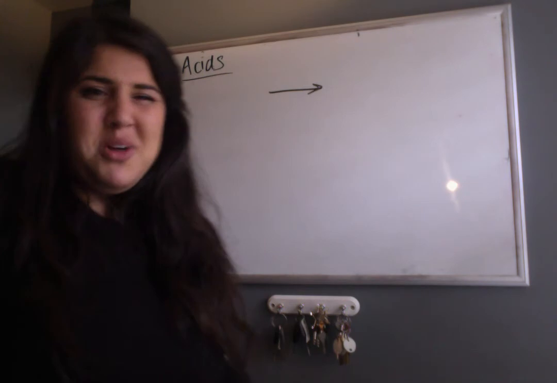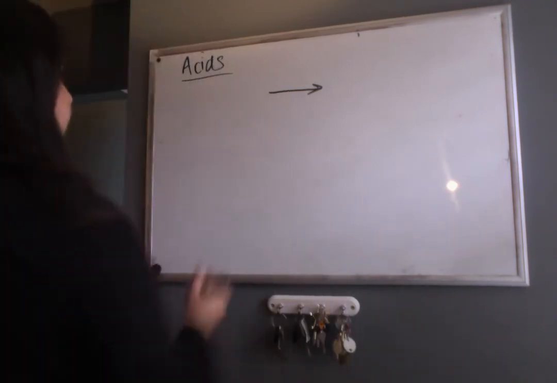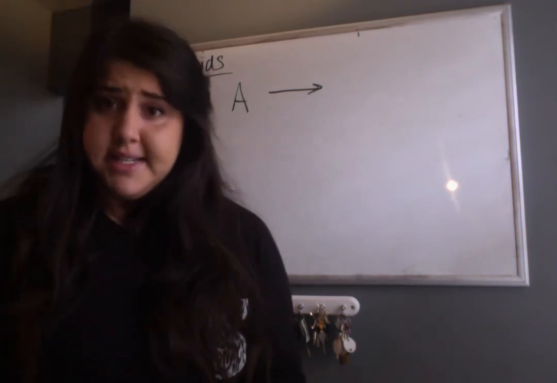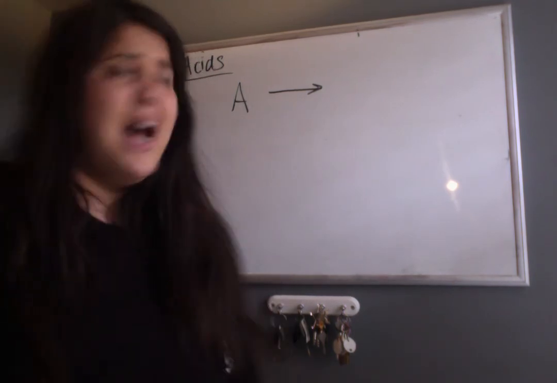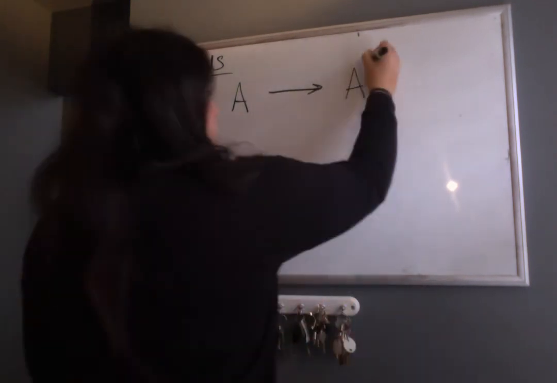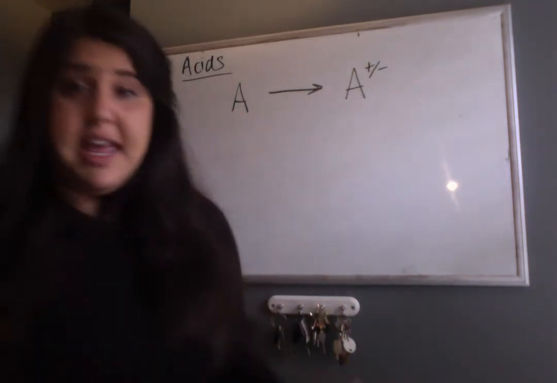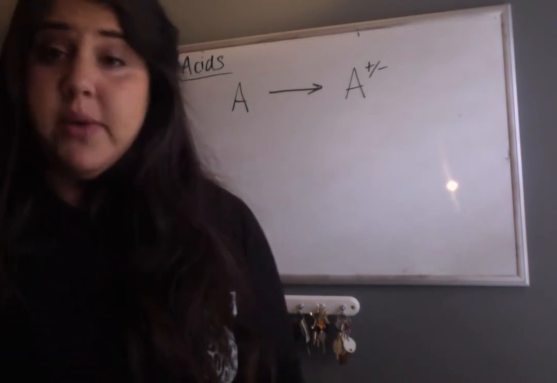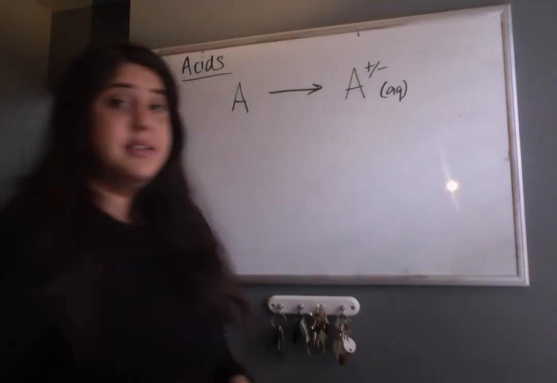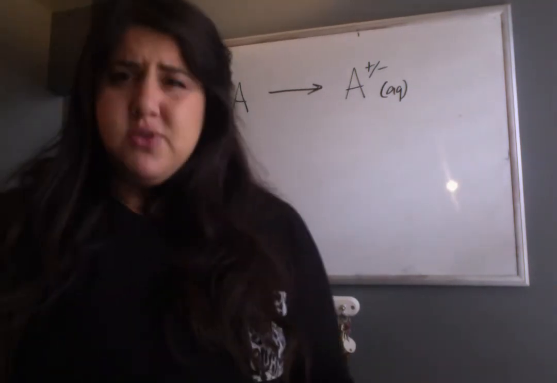Let's read that one more time. A molecular substance, so I'll call this A for acid. A molecule that ionizes in aqueous solution, so ionizes meaning it must turn into some A plus or minus, again, to form an ion in aqueous solution. Okay, so it must be some aqueous. To form hydrogen ions.